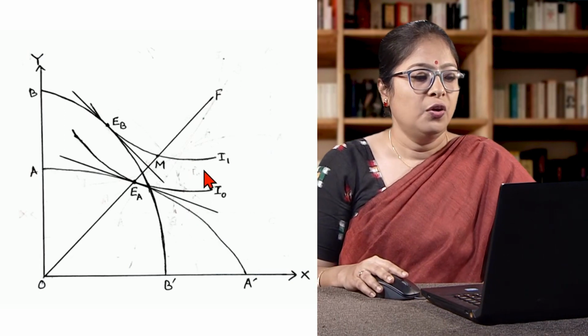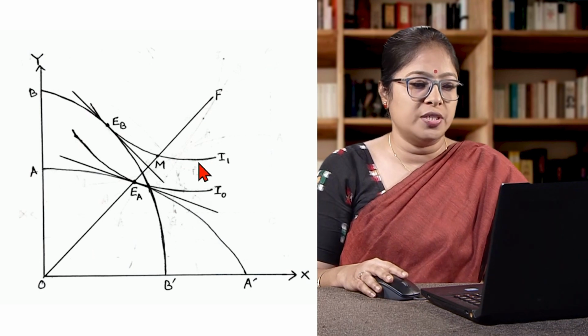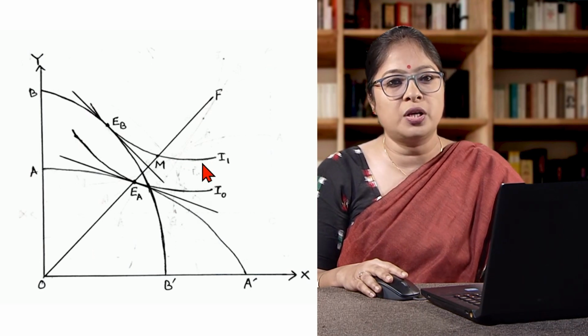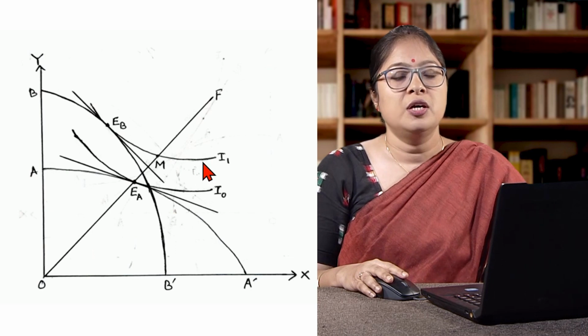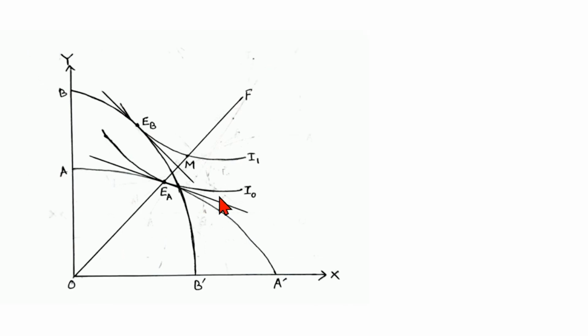In this figure, we have drawn one set of ICs for the two countries, as we have assumed now that the two countries prefer the two commodities in the same way. Here we have drawn two indifference curves, I0 and I1.